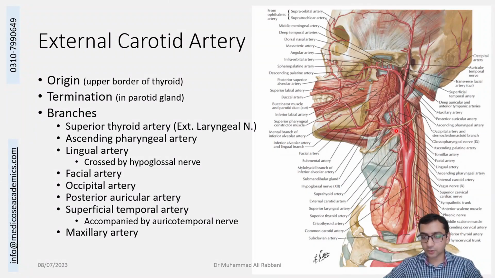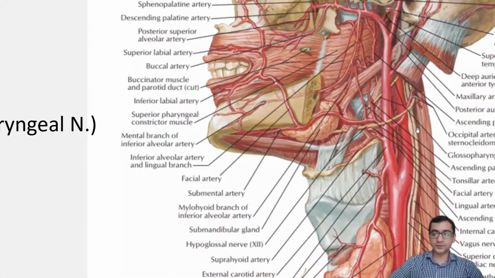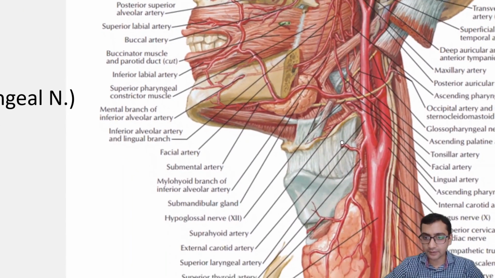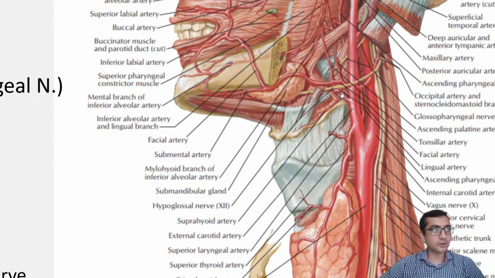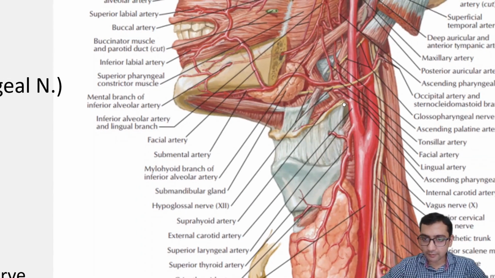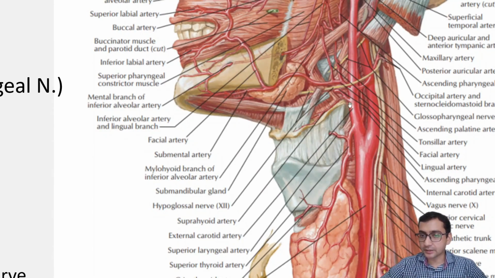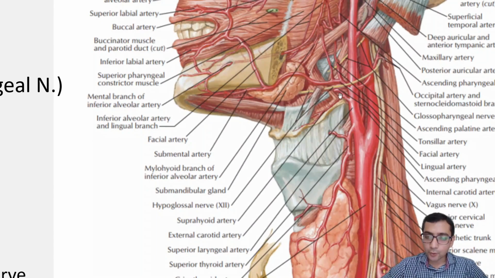Lingual artery, let's follow the lingual artery a little and leave it for the oral cavity. Here is the lingual artery, running right here. It arises at the level of the hyoid bone, at the tip of the hyoid bone near the external carotid artery. It goes back.